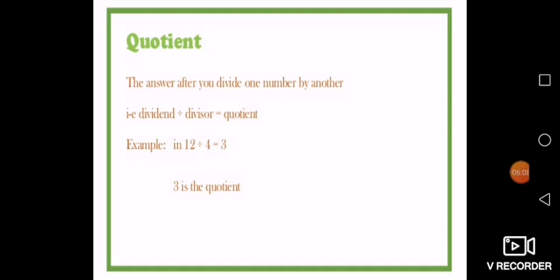The answer of this division is 3. Now 3 is the quotient. I hope these terms are clear: dividend, divisor, quotient and remainder.